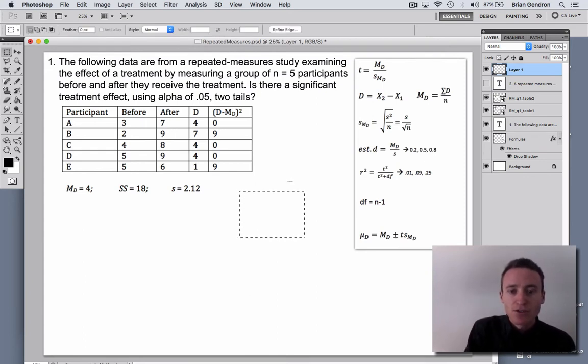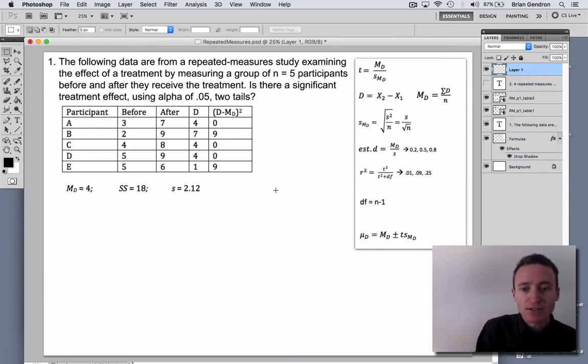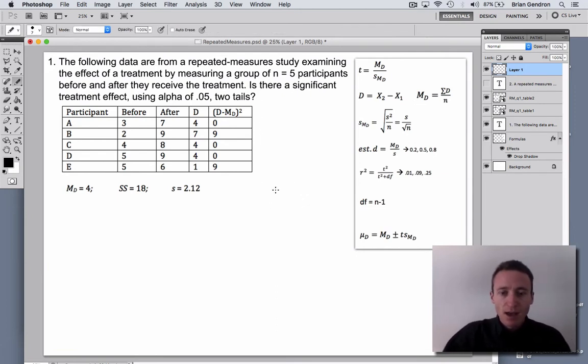All right, so let's go ahead and start with some hypotheses. And I'm going to write them up here. The first idea is that we're using a two-tailed test. And so with a two-tailed test, we're simply checking to see if the average difference is some number different than 0. In other words, if the mean difference score was 0, that means that on average, scores did not change.